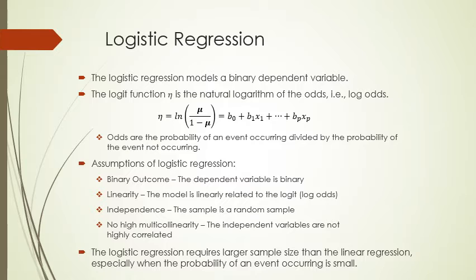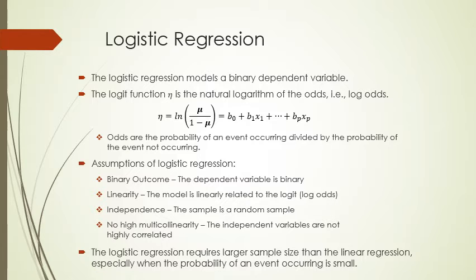The distribution mean is the probability, indicating the likelihood of occurrence of an event. Odds are the probability of an event occurring divided by the probability of the event not occurring. The logit function is the natural logarithm of the odds, which is eta.